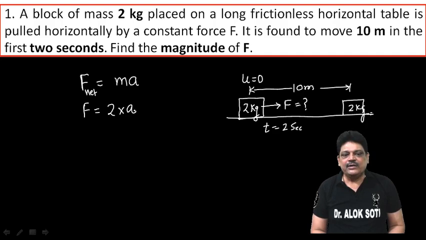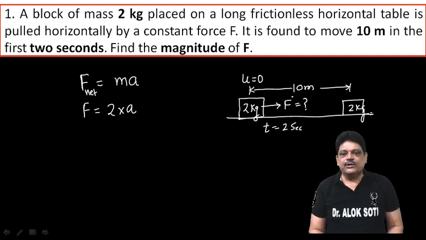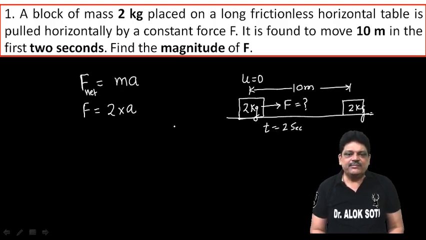If you find out the acceleration during this 10 meter travel in 2 seconds, definitely you can find out the force. To find out the acceleration, it is very simple. You can use s is equal to ut plus half at square.